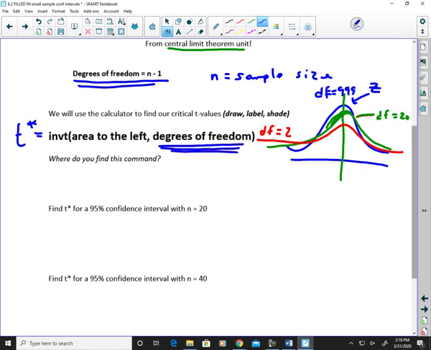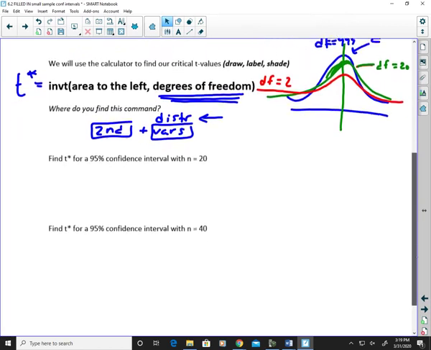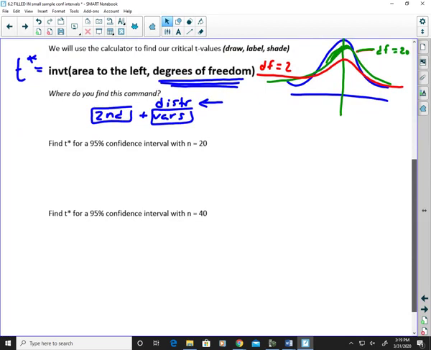Where do you find that? You find that right above the vars. You have to hit the second key, then the plus of vars key, because you're really trying to get to the word distribution right above it. You want to get in there, and it's probably the 5th one down, something like that. If you have a very old software package, you might be missing that command.